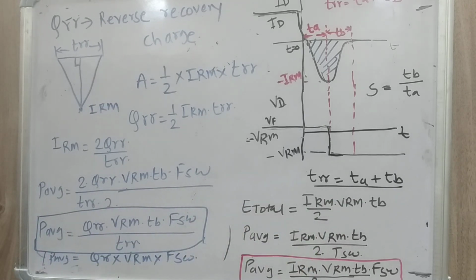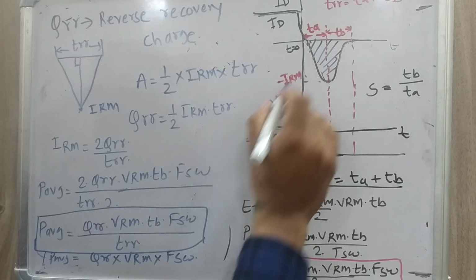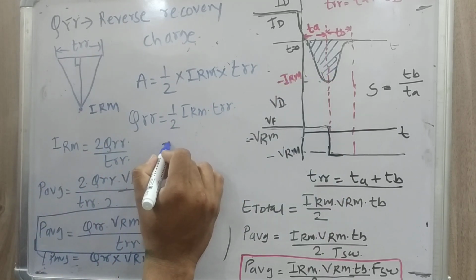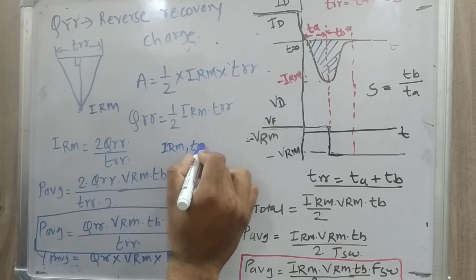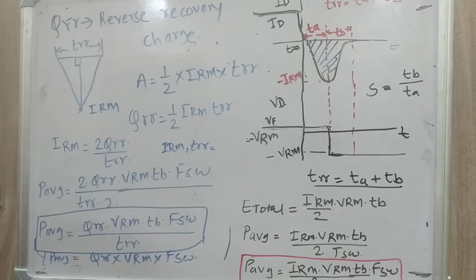That is how you can calculate the average power dissipation inside the diode, which happens because of this reverse recovery phenomenon. One more thing I would like to mention is that the reverse recovery current or loss is a function of, if we consider IRM or TRR, the diode forward current which was flowing earlier, then the di by dt rate, at which slope the diode current is falling, and the applied reverse voltage.